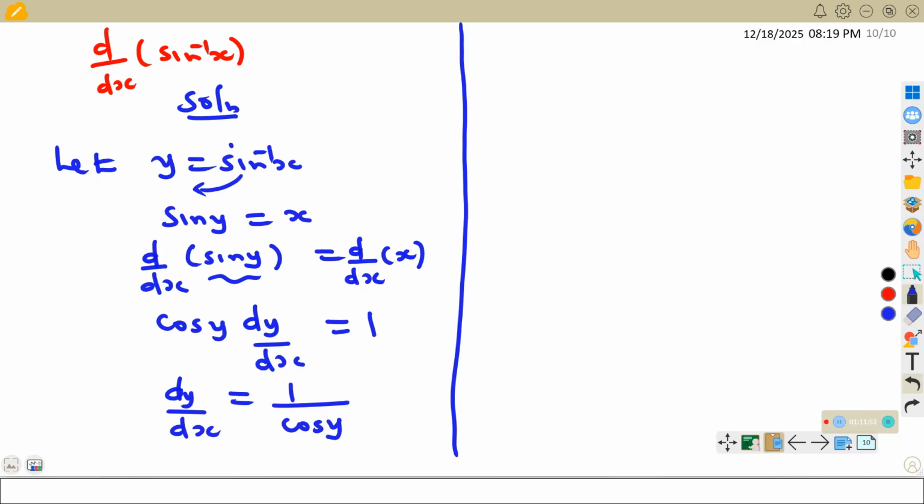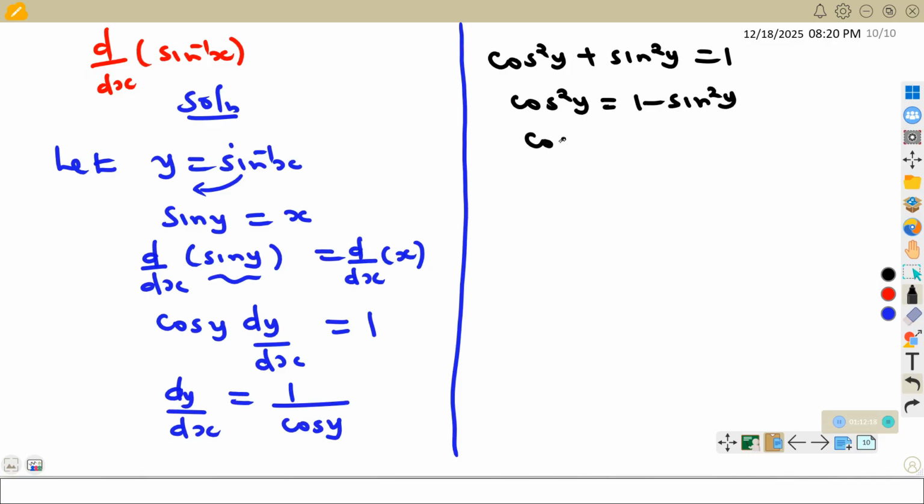To eliminate it, I will borrow the knowledge from the Pythagorean identity, which says that cos squared of y plus sine squared of y equals 1. So cos squared of y is the same as 1 minus sine squared of y. Likewise, when I take the square root on both sides, cos of y can be represented by the square root of 1 minus sine squared of y. I hope that is okay.